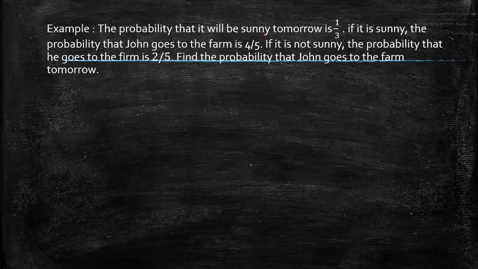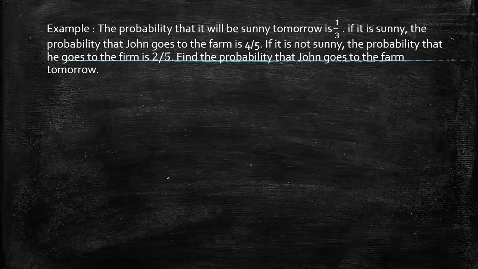So who can read for us this example? Me, teacher. Okay, go ahead. The probability that it will be sunny tomorrow is a third. If it is sunny, the probability that John goes to the farm is 4 out of 5.